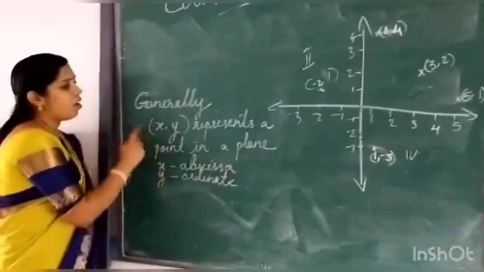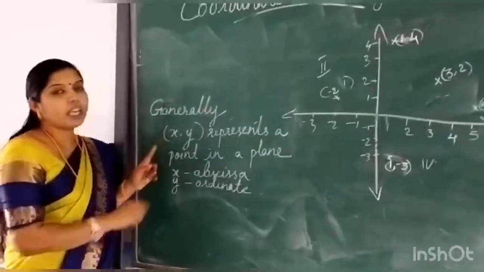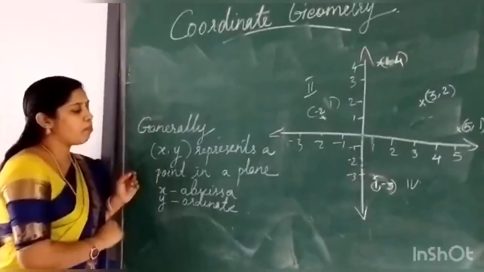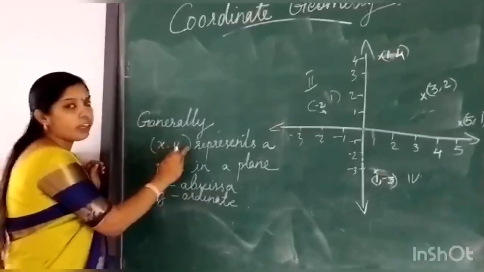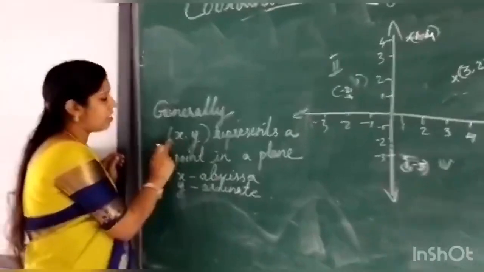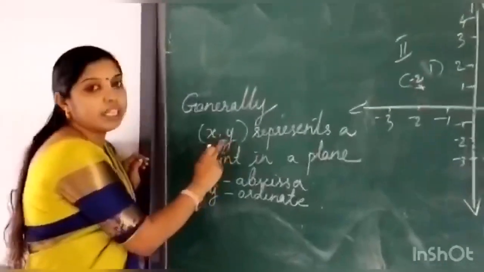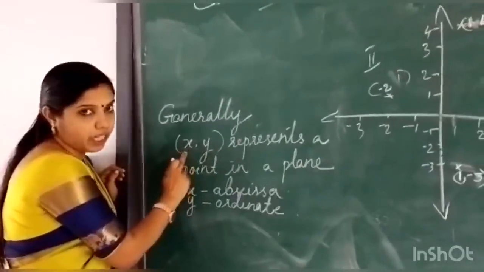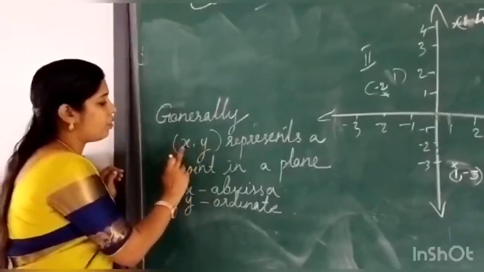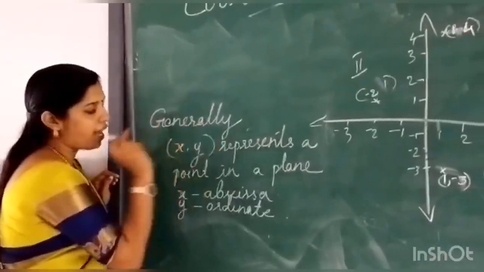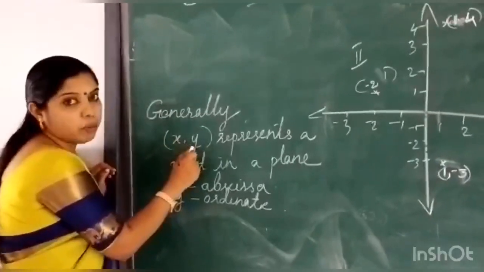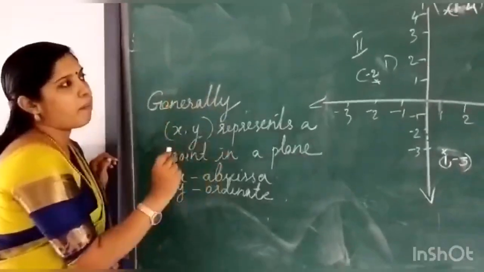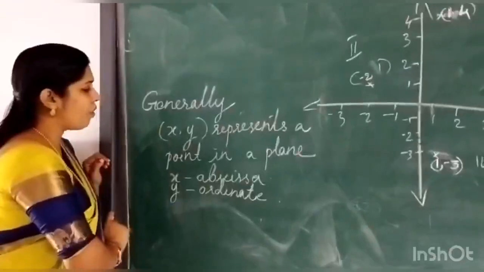In general, we represent a point on the xy plane as an ordered pair (x, y). Ordered pair (x, y) means inside this bracket we denote these two. Generally we use a small letter x to represent the value on the x-axis and a small letter y for the number on the y-axis.